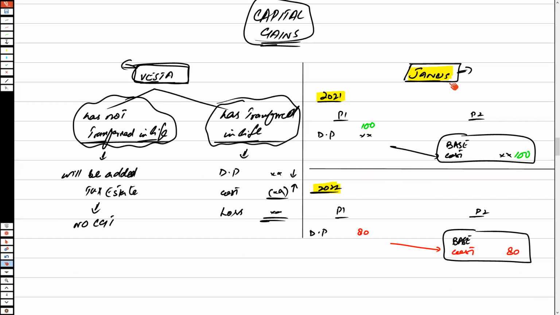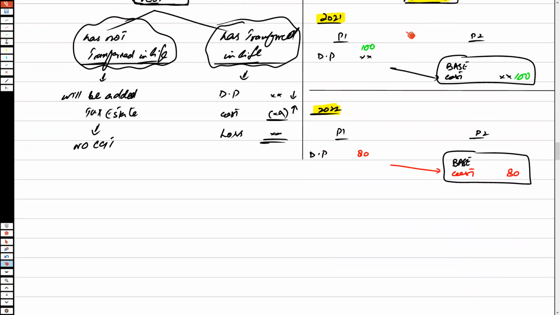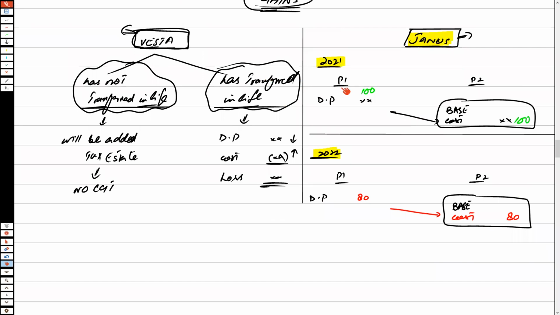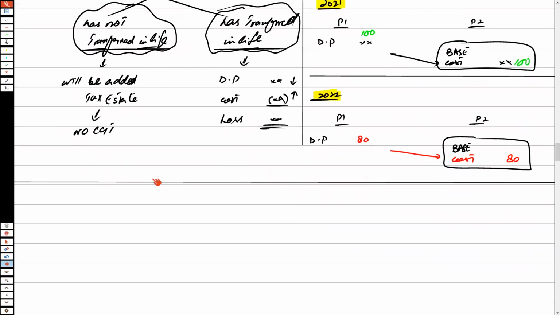But for Janice, the second person, it would be beneficial to get the asset in early years, so that a higher base cost will be calculated, and this higher base cost is a good thing for future disposal if Janice wants to dispose of the asset in the next years. So hopefully you got all of these points. And in case you have any unclarity or disagreement, please ask, please discuss.